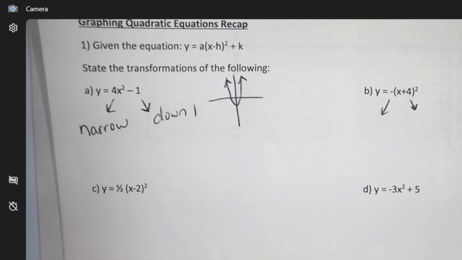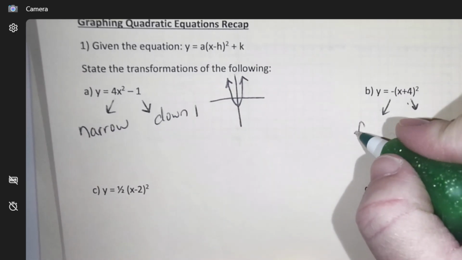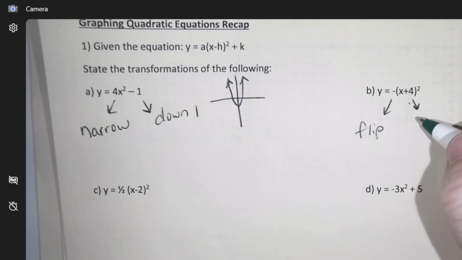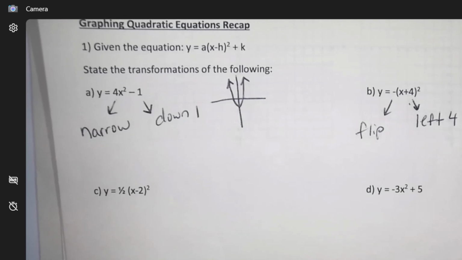So this one has a negative in the front here, and then a bracket 4. Okay, so your answers should have said something about flipping or reflecting and shifting to the left.